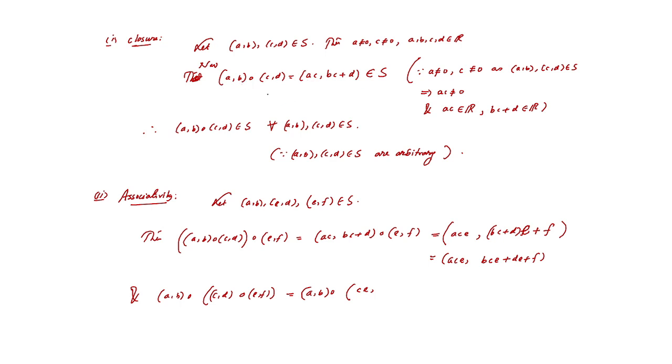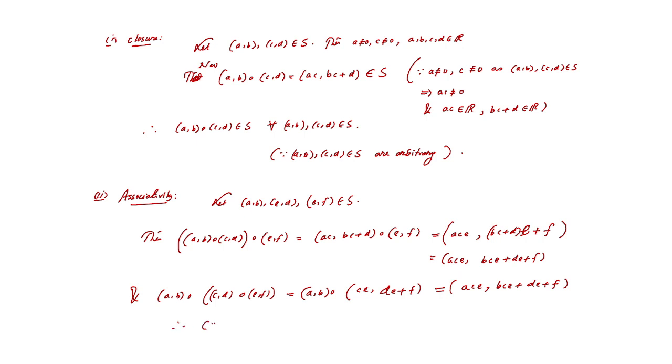So first, D plus F, and that will be (ACE, BCE plus D plus F). So again we get the same result here.